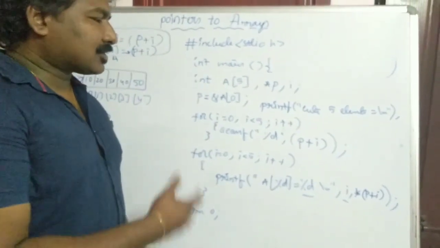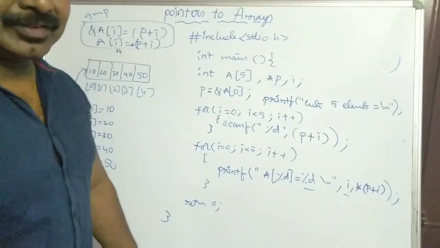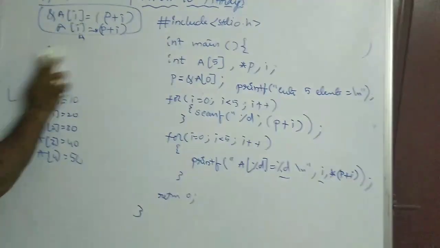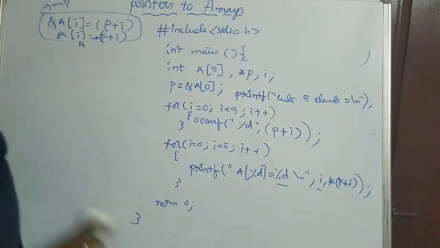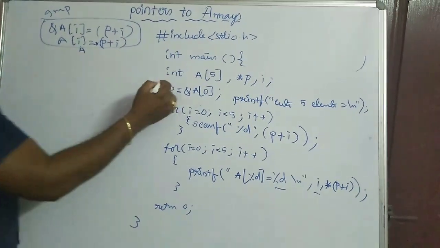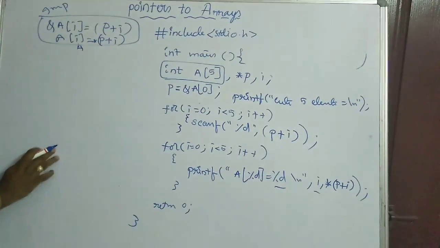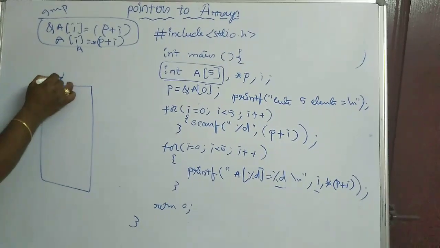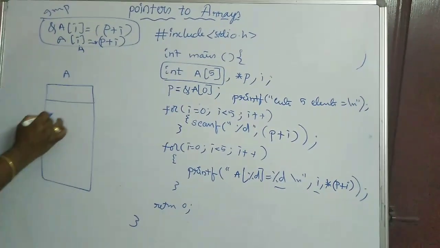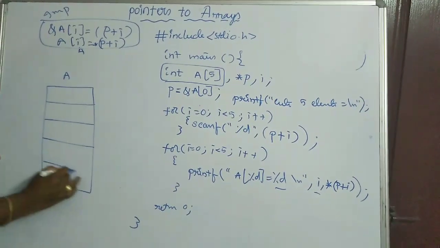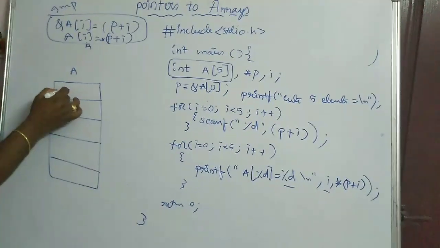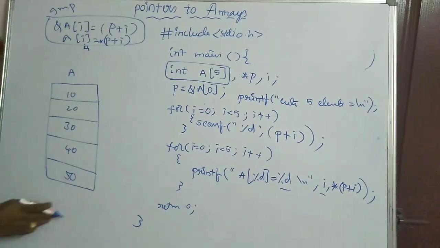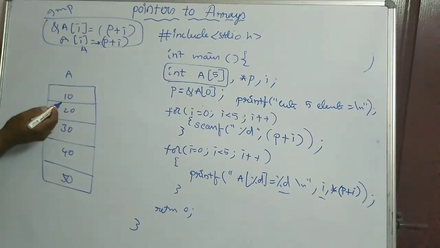Okay friends, now I want to give you better clarity on this with the help of another figure. See here, friends, now I am drawing this array int A with size 5. I am drawing it as a vertical shape. This is array A and there are 5 elements, and those elements are 10, 20, 30, 40, 50, and we have already seen the address values.